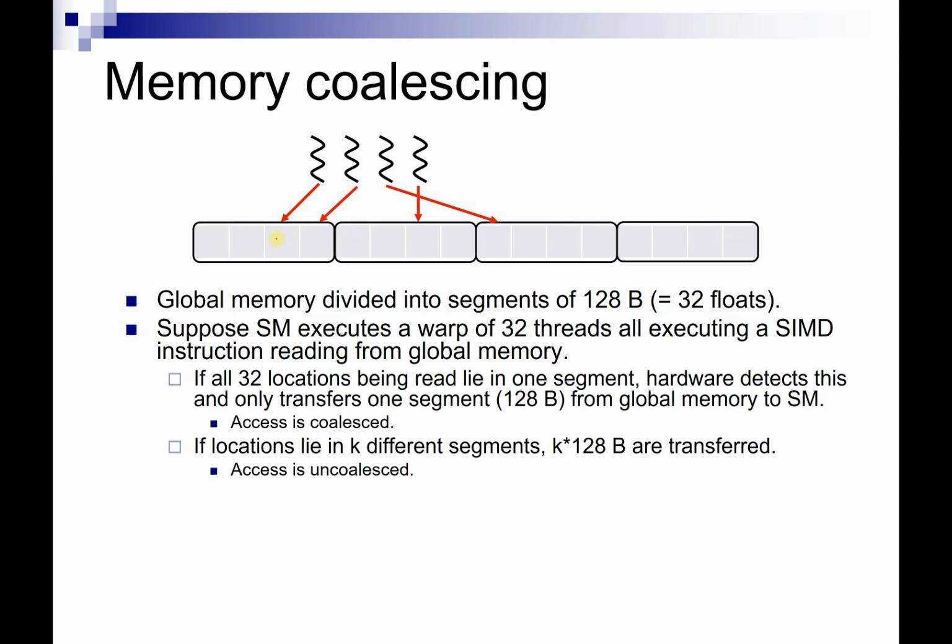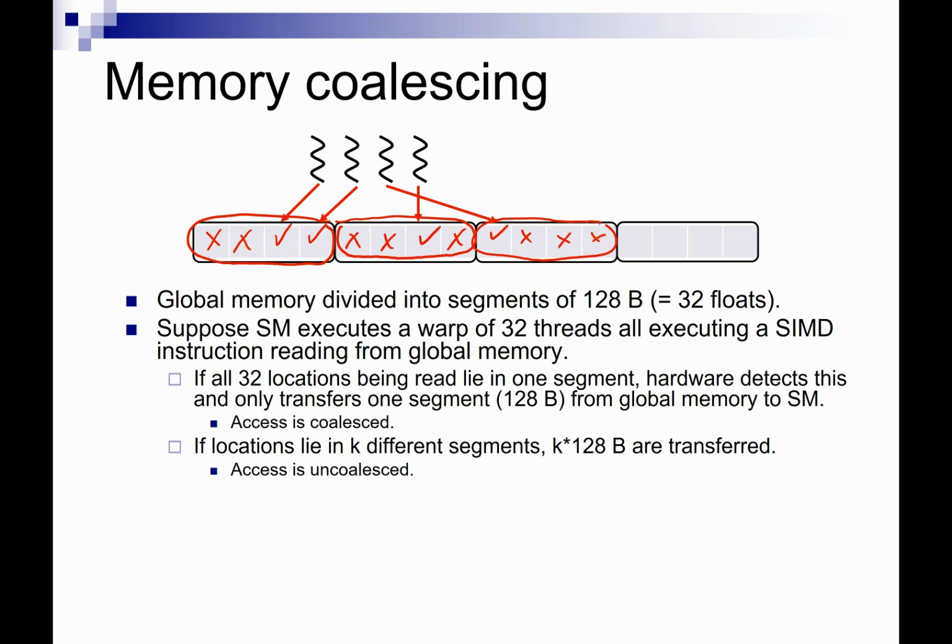Even though we just want these 2 pieces of data, the GPU is going to transfer the entire segment, including data we don't need, but that's how the hardware works. It's also going to transfer data from the second segment. As long as a thread accesses any data from a segment, the GPU is going to transfer the entire segment. And it's going to transfer a third segment, so we only need this one, but we get all this other stuff we don't need.